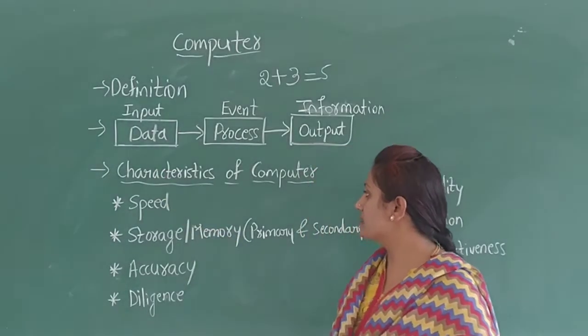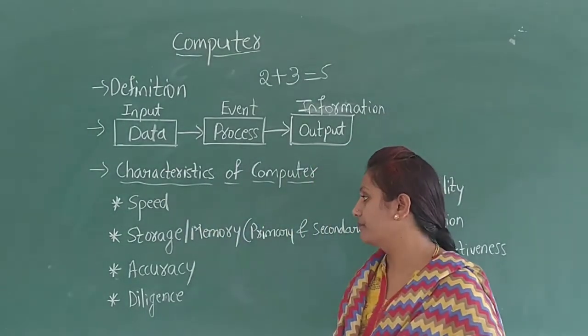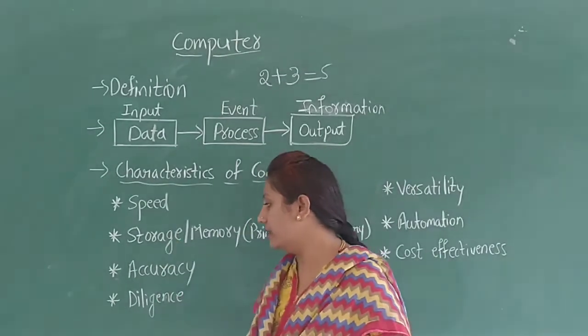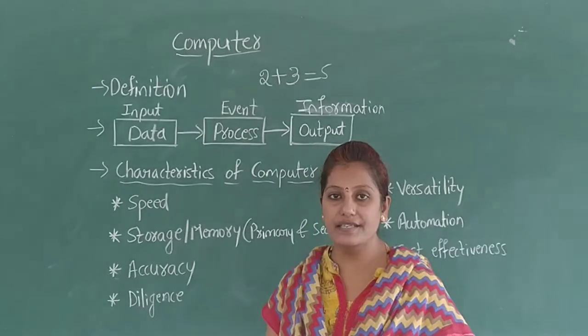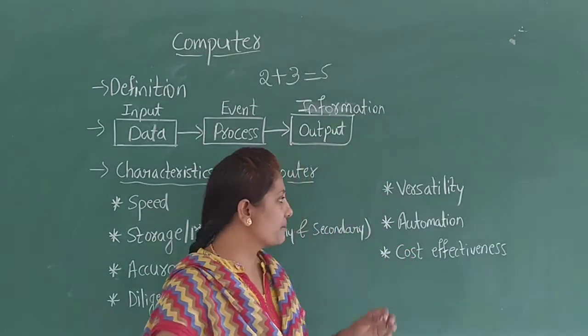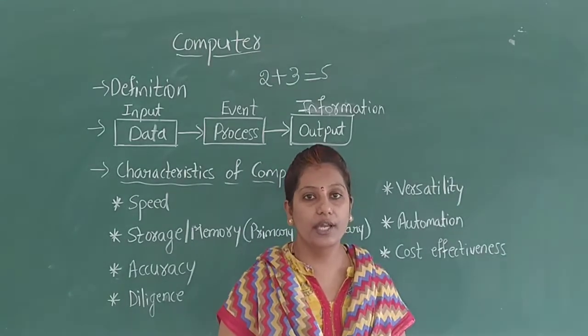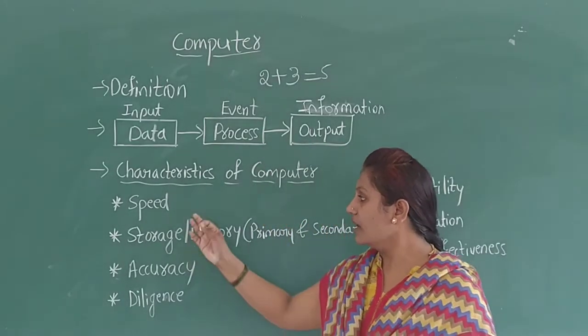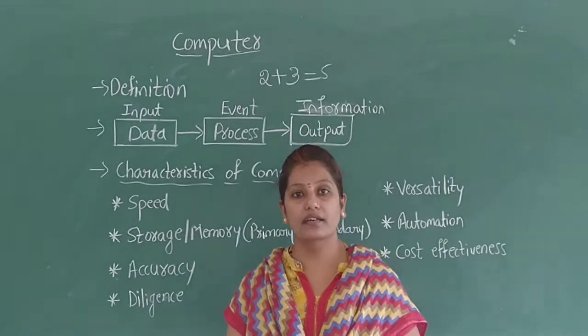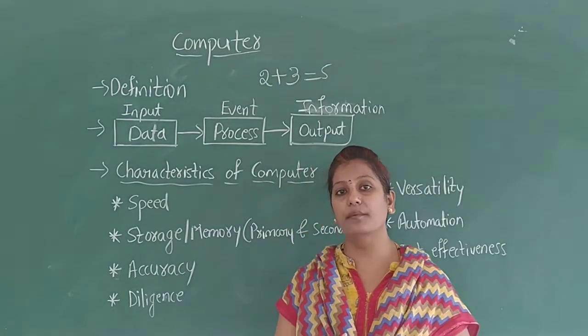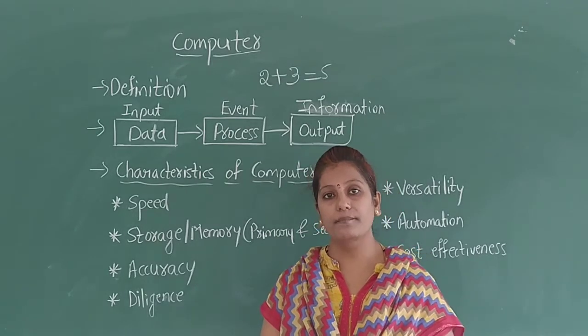Then move on to the characteristics of computer. The characteristics of computers are speed, storage or memory devices, accuracy, diligence, versatility, automation and cost effectiveness. Speed: a computer can work very fast compared to manual work.